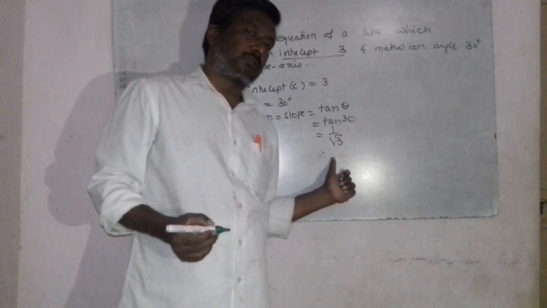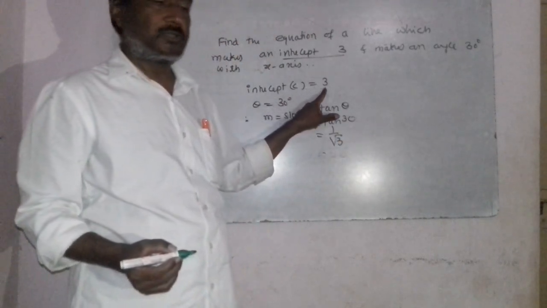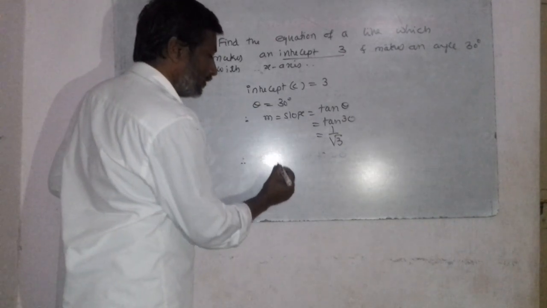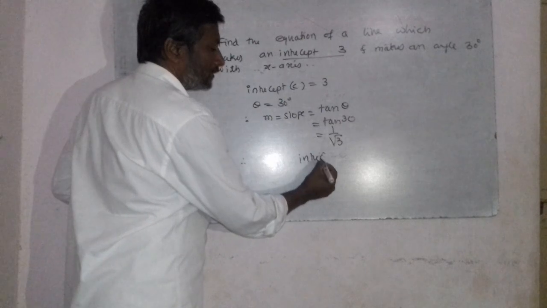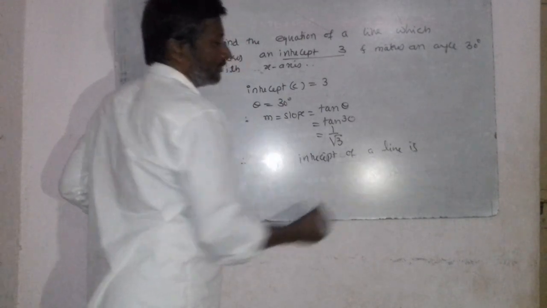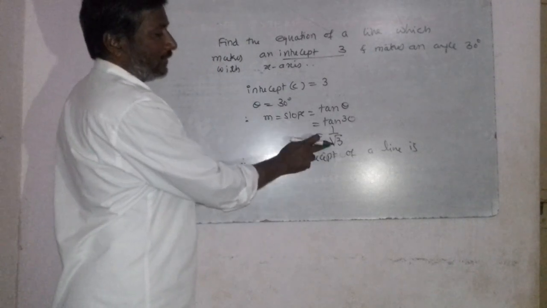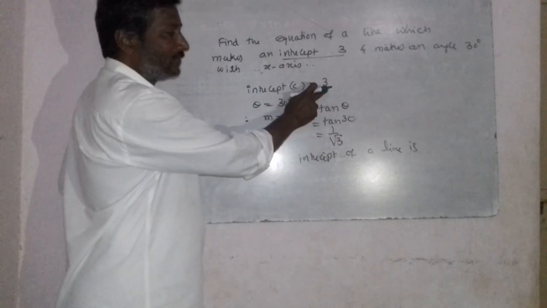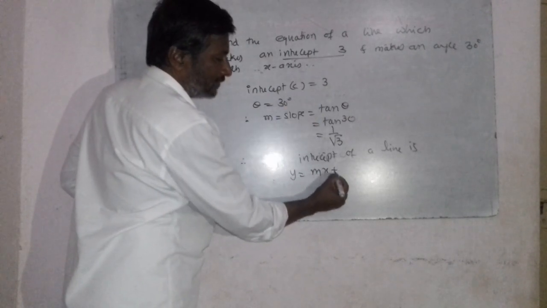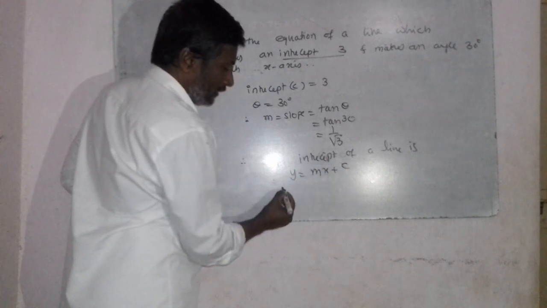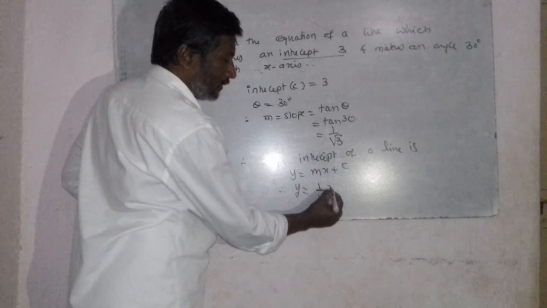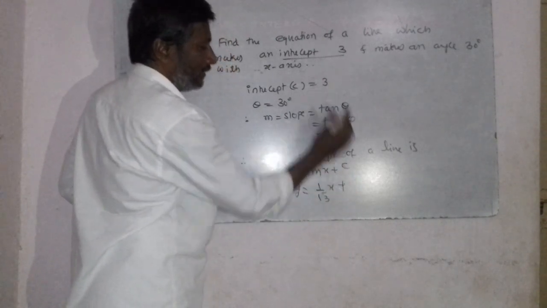So here intercept is known, slope is known. So the slope intercept form of a line is y equal to mx plus c. Therefore y equal to 1 by root 3 x plus 3.